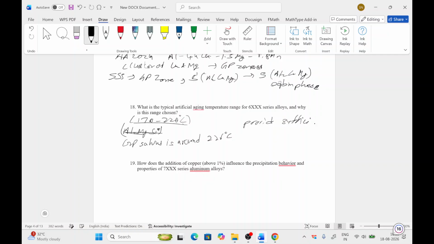Sufficient diffusion rates to form GP zones from the supersaturated solution, and only then beta dash and beta precipitates form.